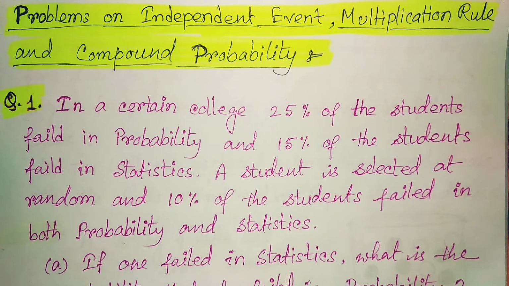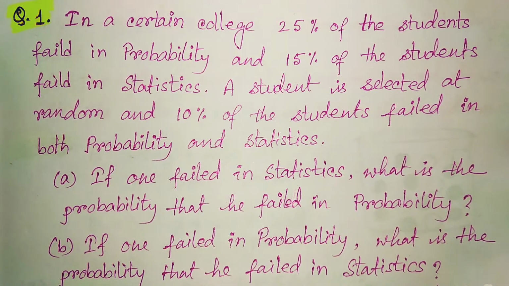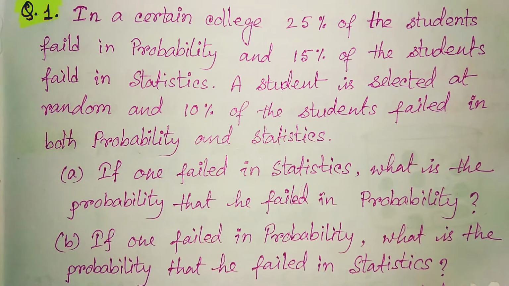So the first example is: in a certain college, 25% of students fail in probability and 15% of the students fail in statistics. A student is selected at random and 10% of the students failed in both probability and statistics.